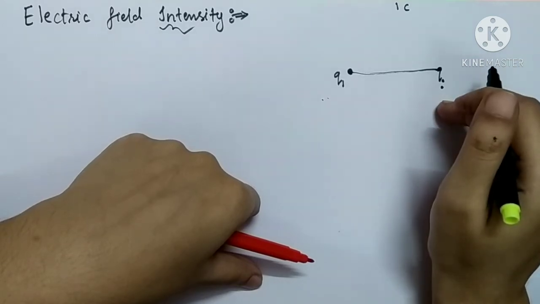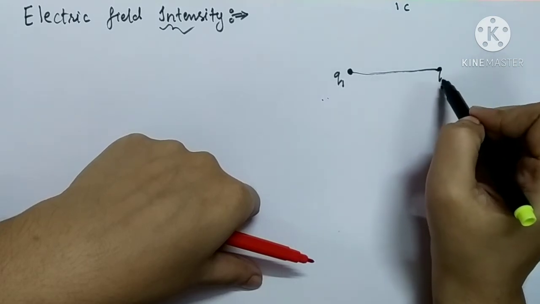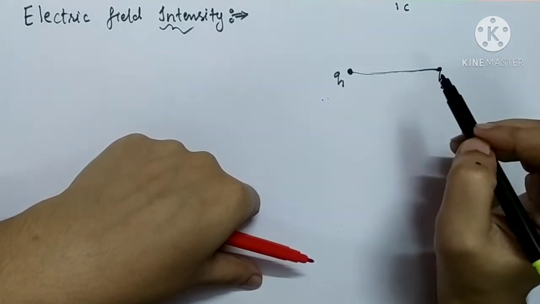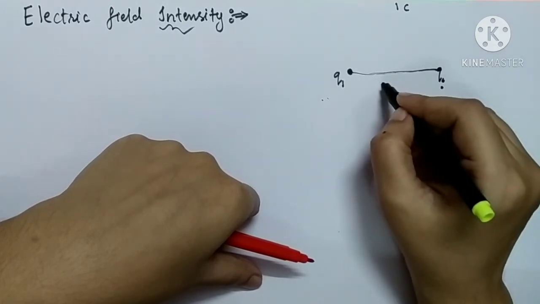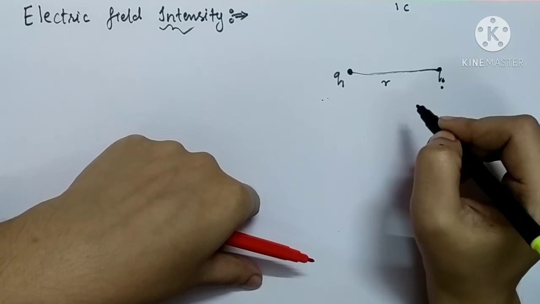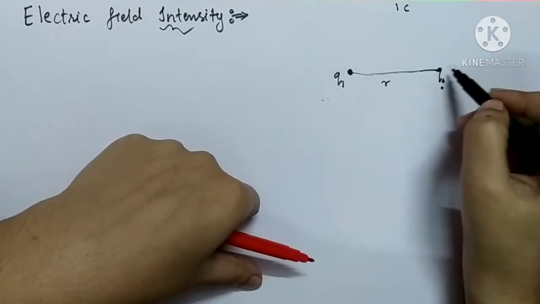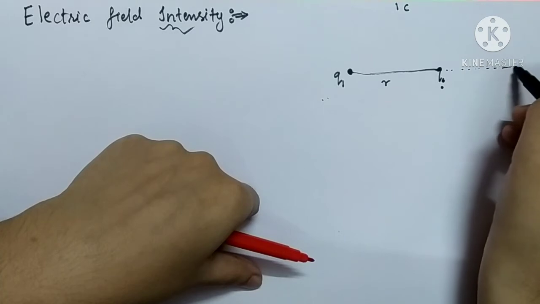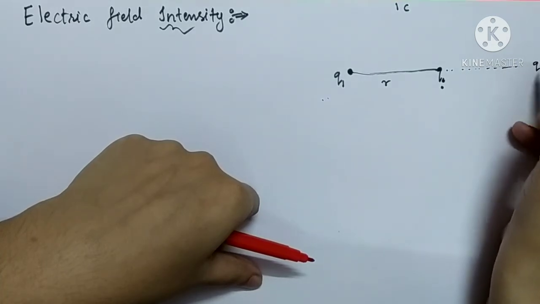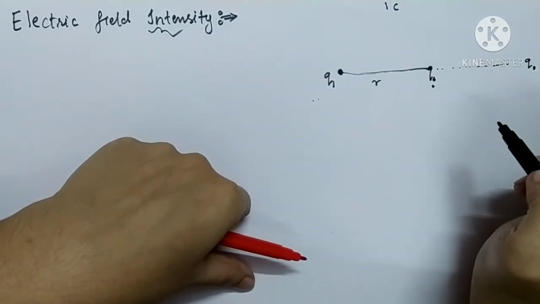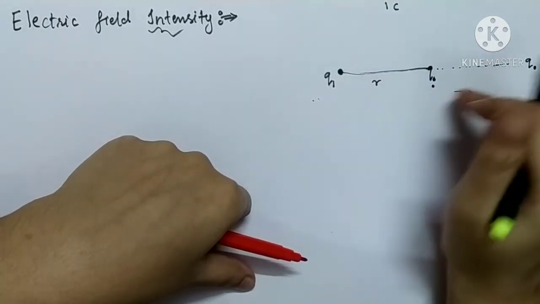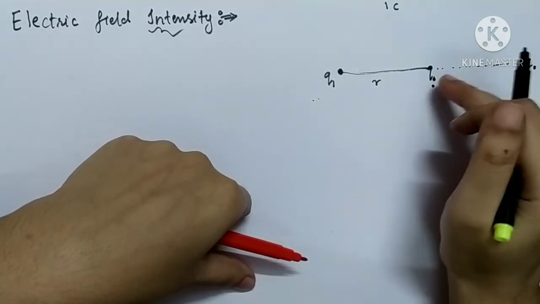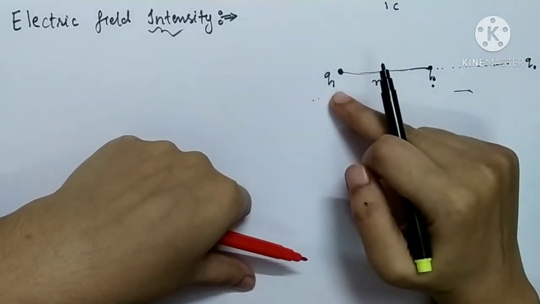There will be a force of repulsion between them. The charge Q0 is being repelled by the charge Q1, and the distance between them is, say, r. What happens if this charge Q0 is placed at an infinite distance from the charge Q1? Then you are not going to observe any force of repulsion between these two charges, because its distance from the charge Q1 is quite high.